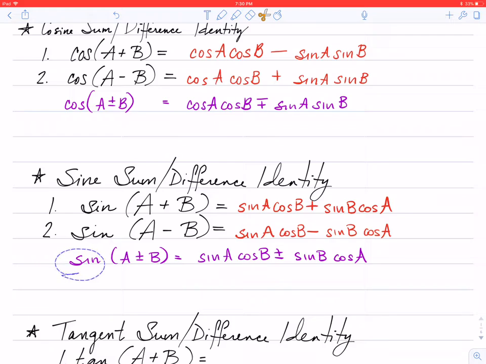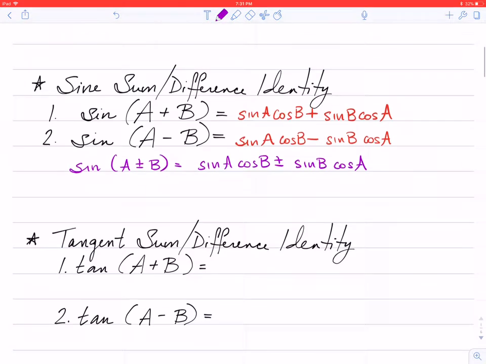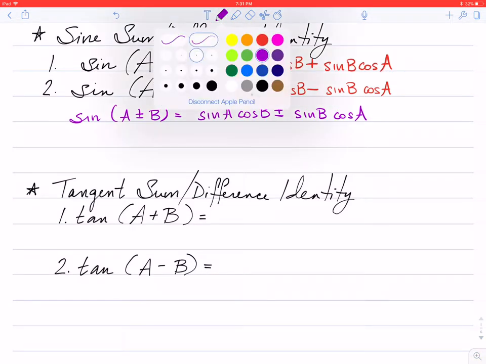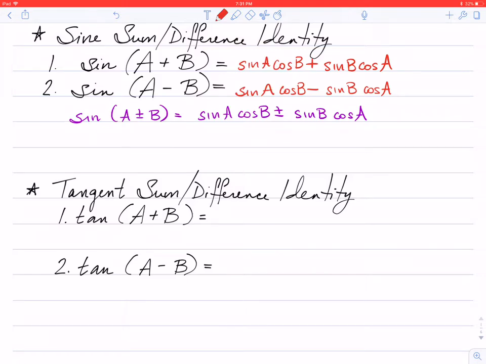The signs on sine match, a bit of a play on words. Whereas the signs, S-I-G-N, of cosine do not match. So that's one way I remember which one has the plus minus, which one has the minus plus.